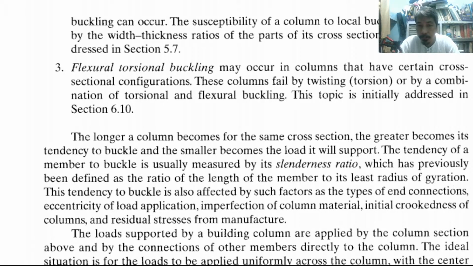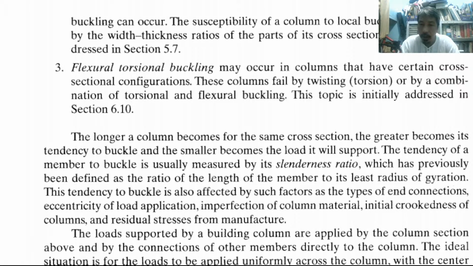local buckling. And number three, flexural-torsional buckling. This may occur in columns that have a certain cross-sectional configuration. These columns fail by twisting, meaning torsion, or by a combination of torsion and flexure. Those are the things that we need to understand.